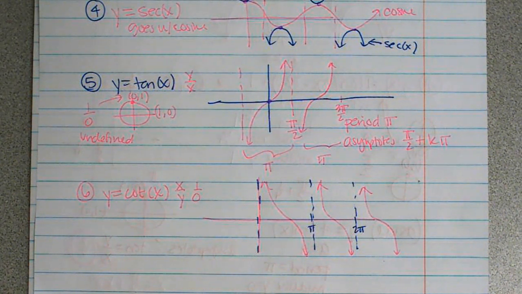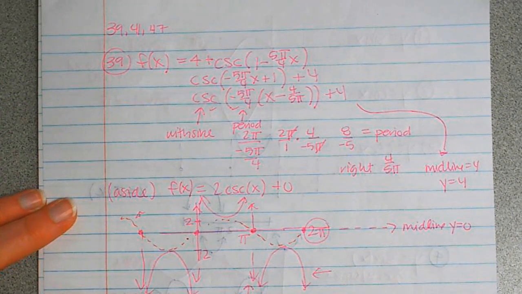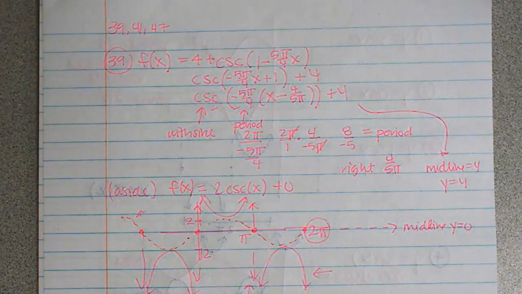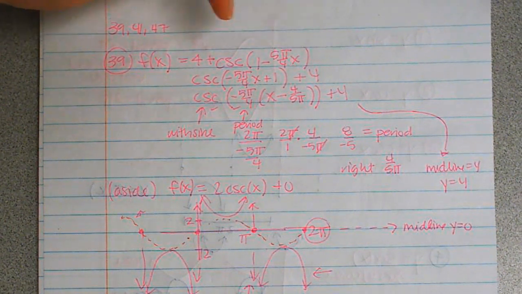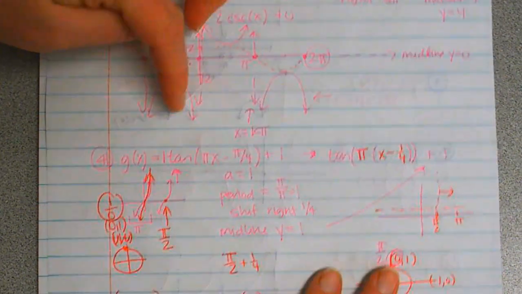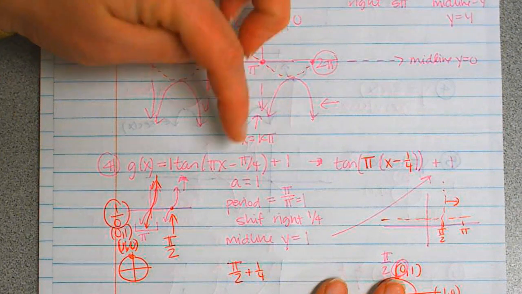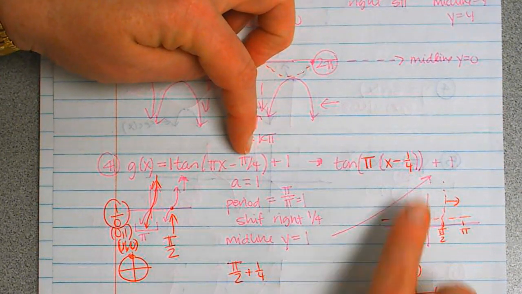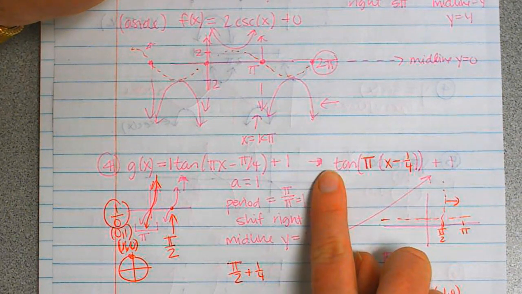For very hard ones, what I might expect you to be able to do is to pick out the stuff. So be able to take the equation and tell me about this being the midline shift, the 1, this being the phase shift when it's factored out, like over here, this being the period change, and then the amplitude from the front.